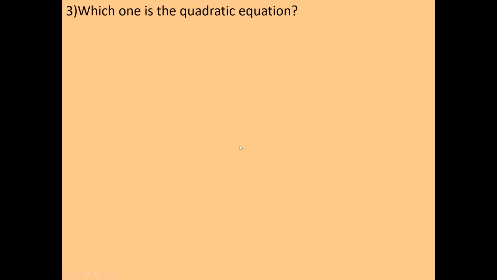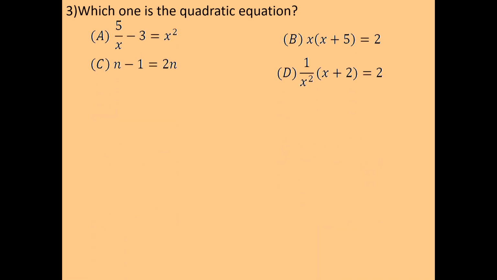Third one, which one is the quadratic equation? These are the options given. You can solve it as I showed you in the previous two sums. Decide by yourself. At the end you need to write the answer in this form: third sub question has B alternative correct. So you have to write down answer 3B. It is written as the sub question number is given along with its option.